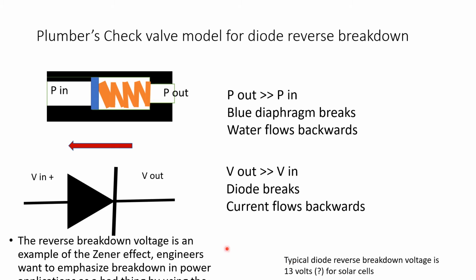All right, the Zener effect, engineers like to reserve that for intentional reverse breakdown, as in Zener diodes. The typical reverse breakdown voltage is 13 volts for solar cells. Now, I don't have any real good source for that, but that's one of the things I heard in other YouTube videos, and it seems reasonable to me, and I'm going to just use it.